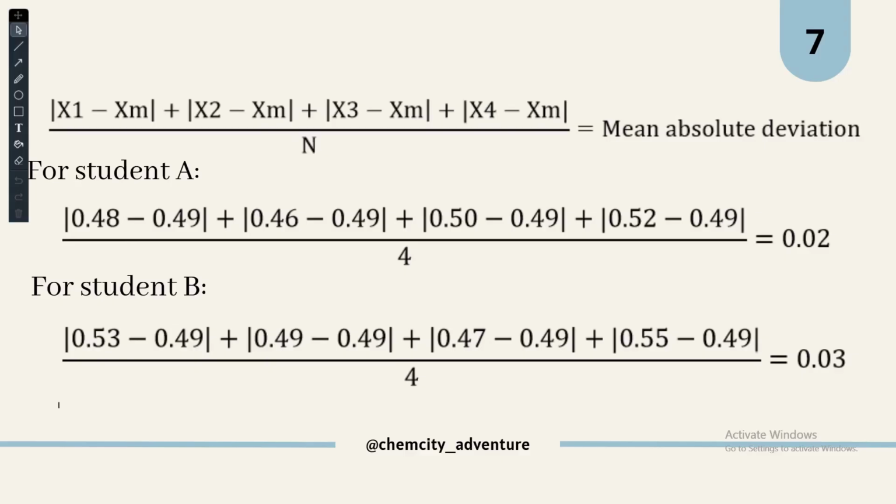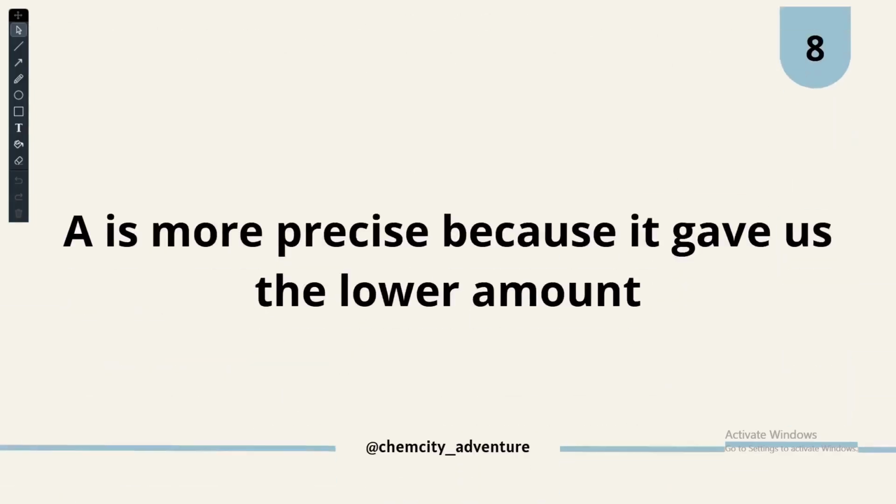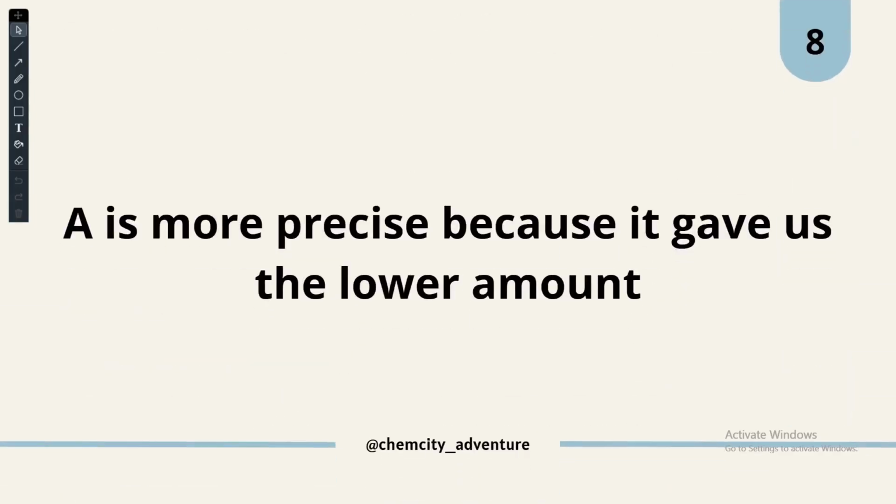You should subtract 0.51 from every data point, so care about it, because that's not right here. Well, as you saw, A is more precise because it gave us the lower amount.